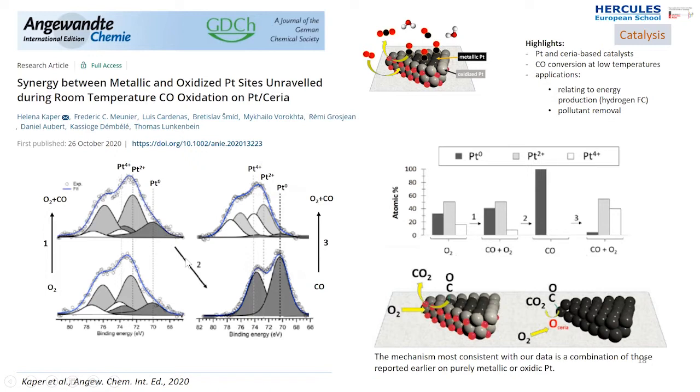If you switch off the oxygen, so you close the oxygen inlet and let just carbon monoxide be in the chamber, the sample is fully reduced to metallic platinum, which is not surprising because CO is a reducing molecule, as is hydrogen. However, if you put oxygen back, the sample is almost fully oxidized.